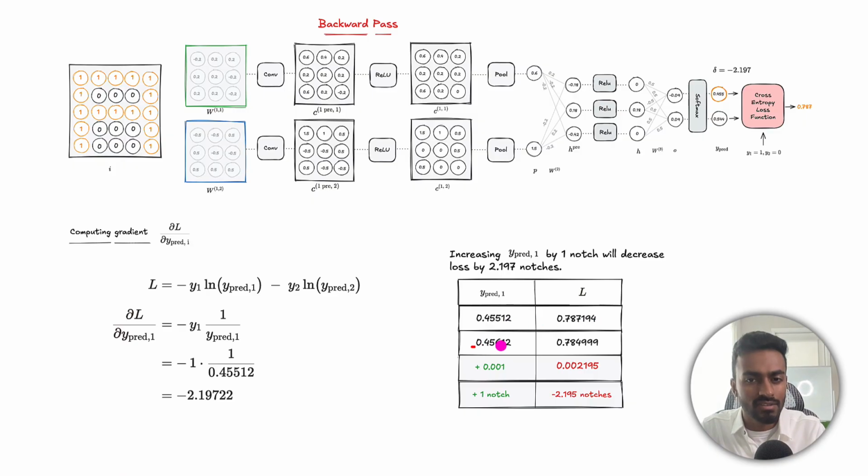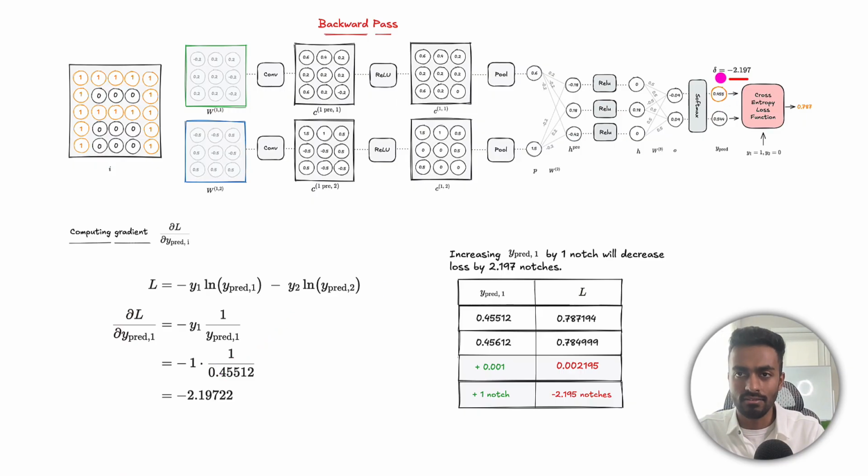Now, if you increase this y pred by 0.001 and apply the forward pass at this point and compute the loss, you're going to get this value, 0.784999. The difference between these two is that it has decreased by 0.002195. So this means that if you increase this y pred 1 by 1 notch, you're going to decrease the loss by 2.19 notches. It's a good verification for gut checking this abstract mathematics, just to show that you've done this right.